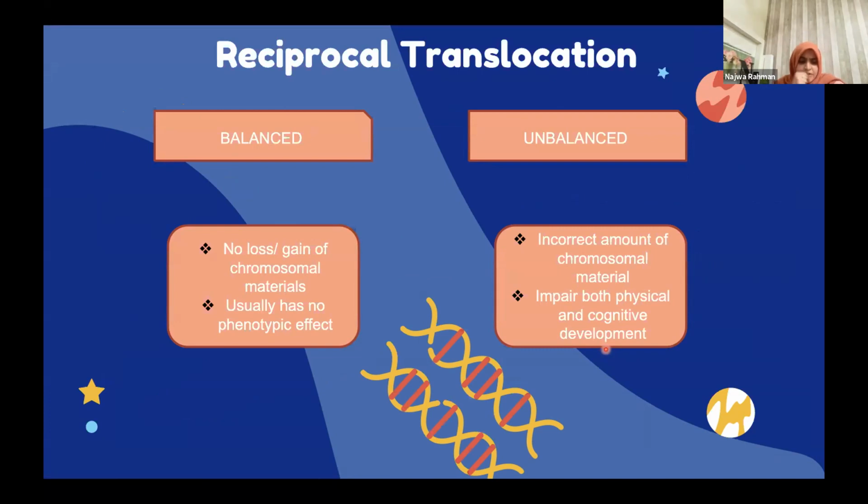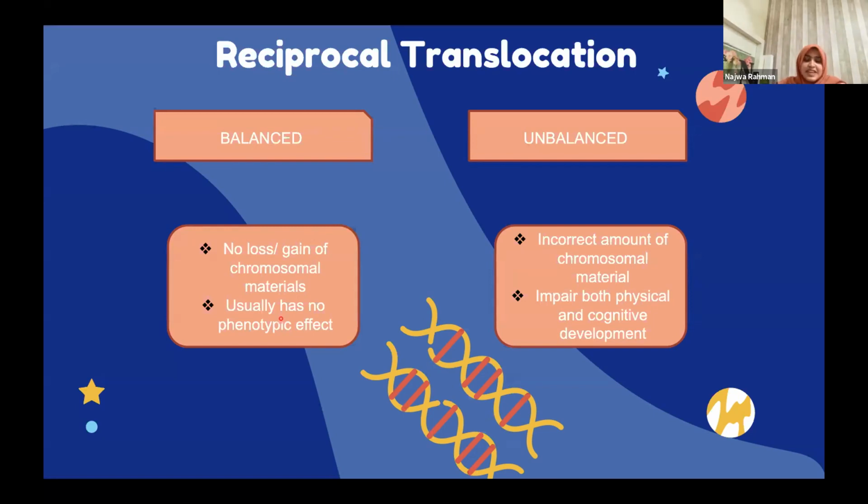Usually in a patient with balanced reciprocal translocation, there will be no loss or gain of chromosomal material, and usually the patient has no phenotypic effects, including cognitive difficulties.